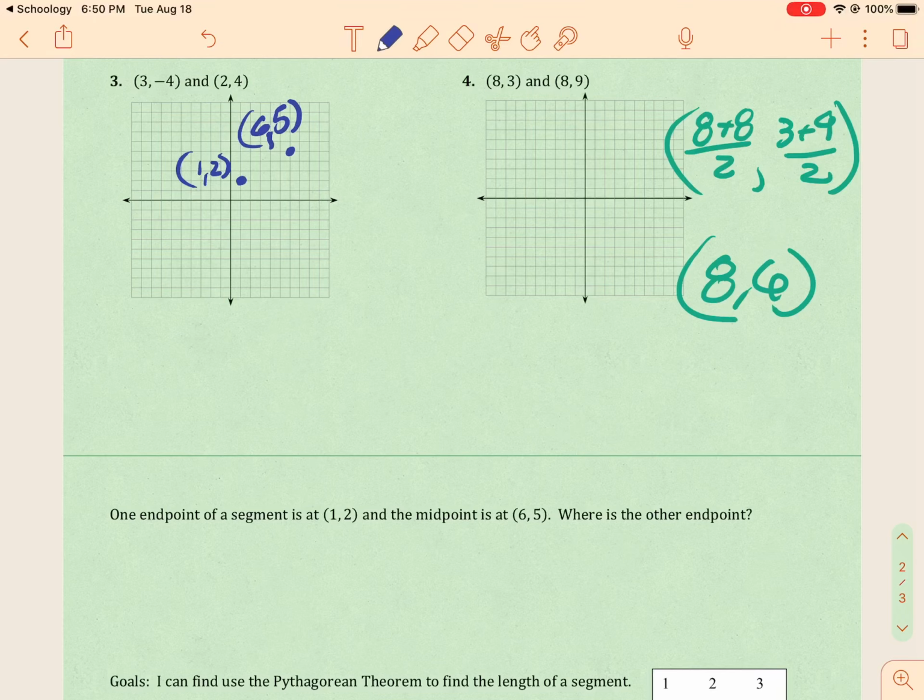We're not finding what's in the middle of that. This already is the midpoint. So it's actually something like this, and we're trying to find this number right there, that point, that x value, that y value. So good luck trying to solve that.